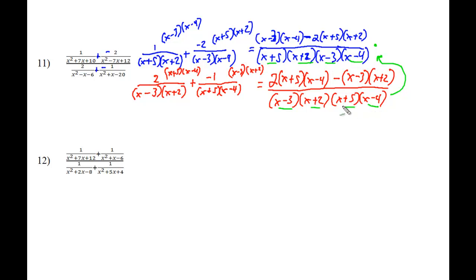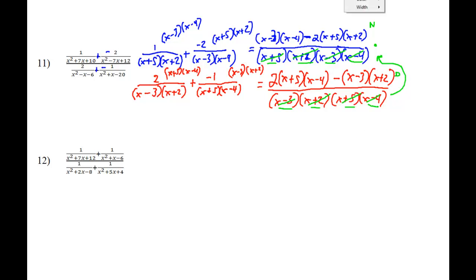You could have done this in previous problems, but if your denominators are completely the same here, here, here, and here, and we flip our problem, they're just going to simplify, because you'll notice they're in each one of these denominators. And so this becomes the numerator, and this becomes the denominator of our answer.